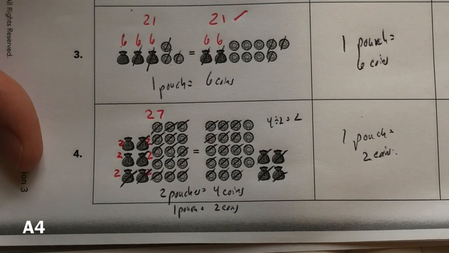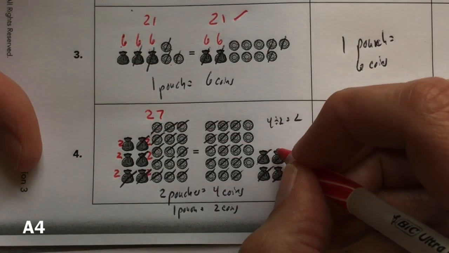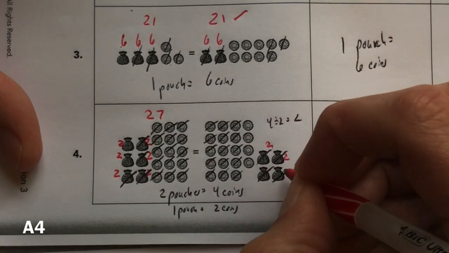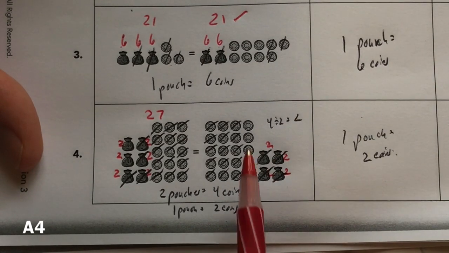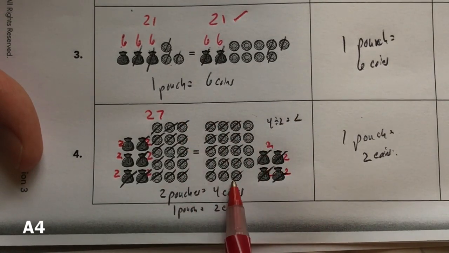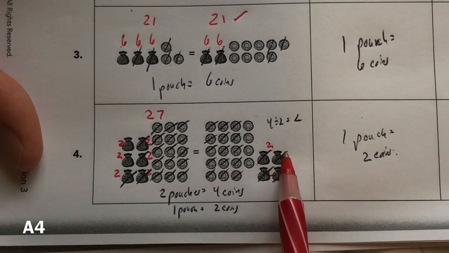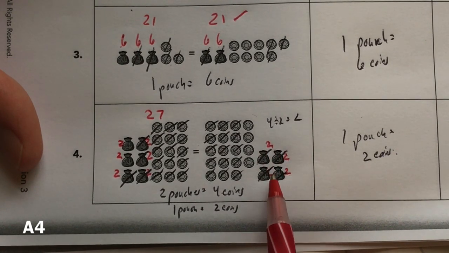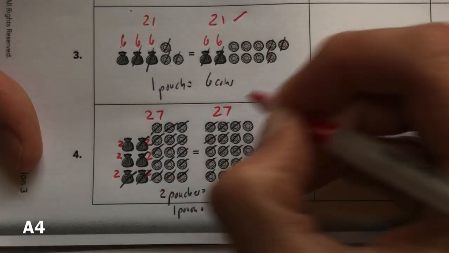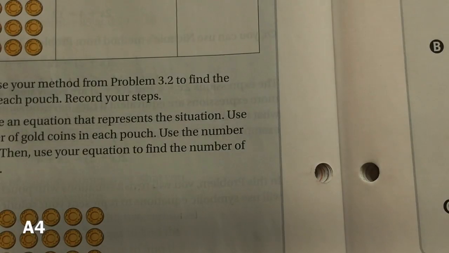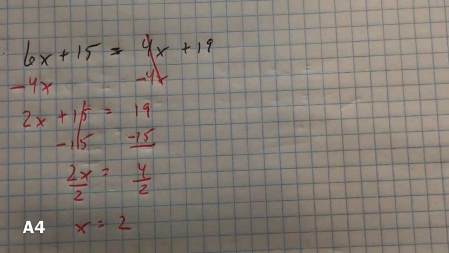That's what this side equals. And this one's going to be 2, 2, 2, and 2. So if I recall, this was 19, 20, 21, 22, 23, 24, 25, 26, 27. That checks.